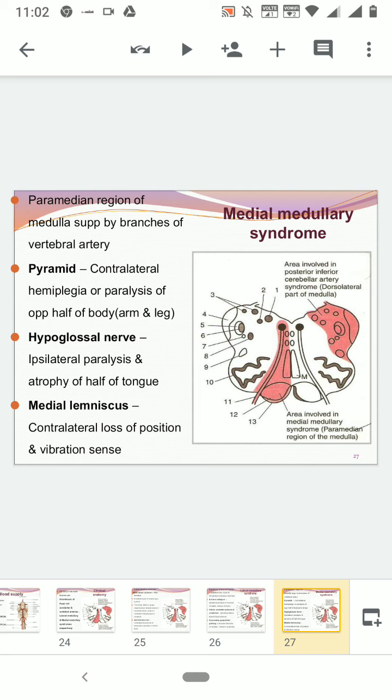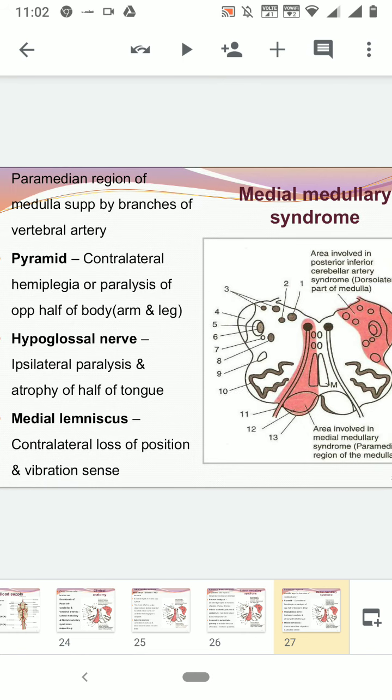So it is just above the crossing, so it is going to affect the opposite side. So contralateral hemiplegia will be there, because the pyramidal tract is very important: it carries the corticospinal fibers from the motor cortex to the different levels of the spinal cord to innervate the muscles of the limbs and the trunk.